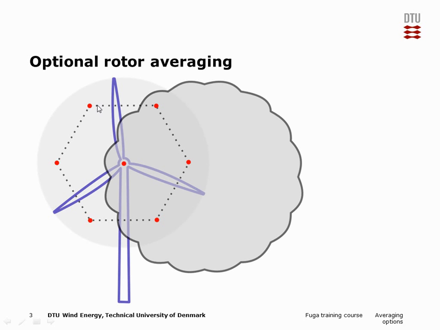So we look up the wind speed at 7 points and do some averaging, and then use these to calculate an effective turbulence or effective wind speed, and then look up the power curve. I should say that now when you think about it, we are not so happy about this. Maybe that is too simple an interpretation. So be a little bit careful if you use this option, or maybe write to us for further research on this.